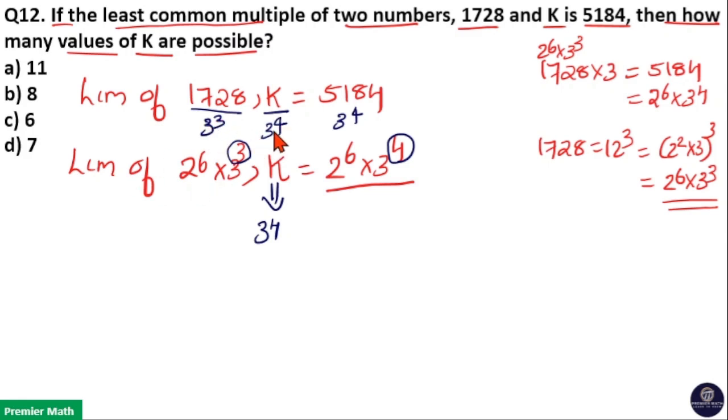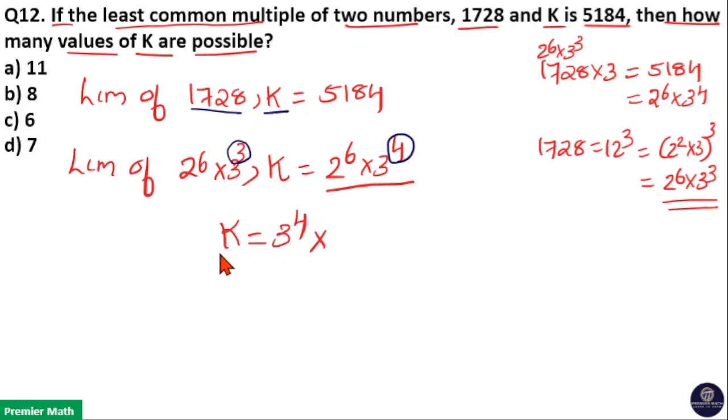Because if you consider 3 cube and 3 raised to 4, the LCM must have 3 raised to 4. So, one of the factors of k is 3 raised to 4. That is, the highest power of 3 in k is equal to 4.